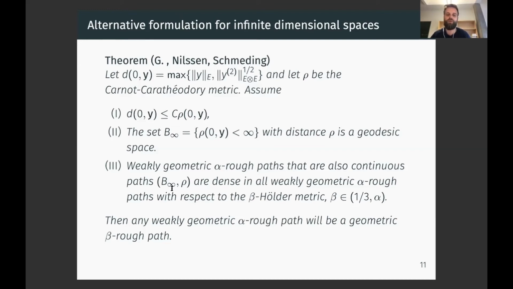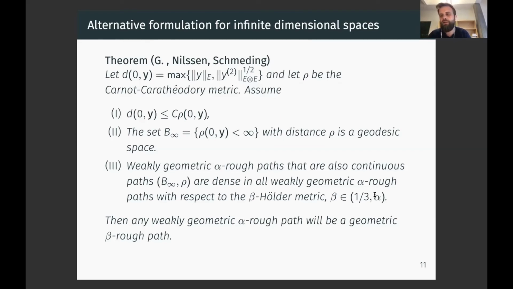On the set where this distance is finite, the set containing the identity, the distance has to be a geodesic space. And finally, the weakly geometric rough paths, which take values in this space and are continuous, have to be dense in a larger space if I adjust the Hölder exponent a little.